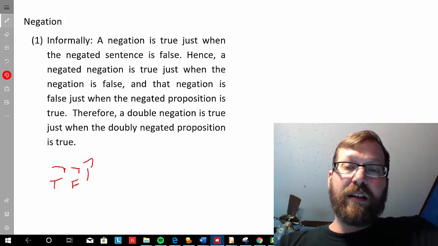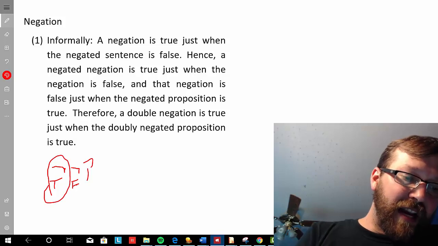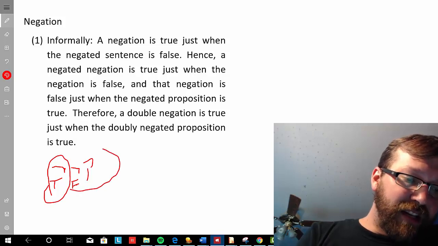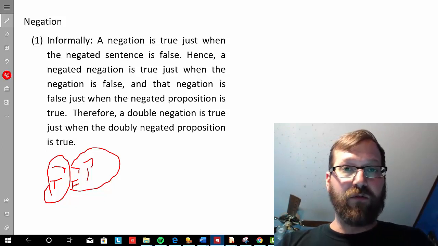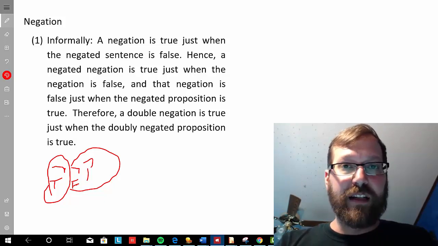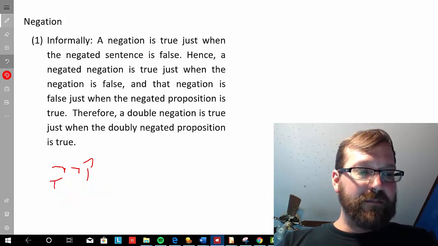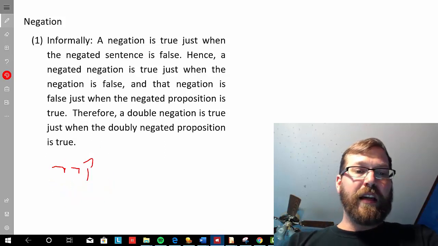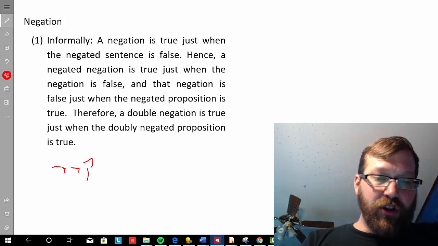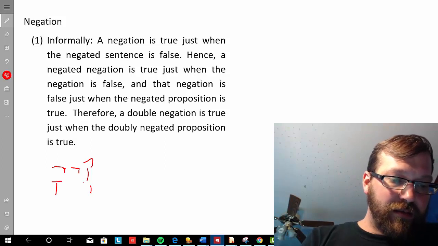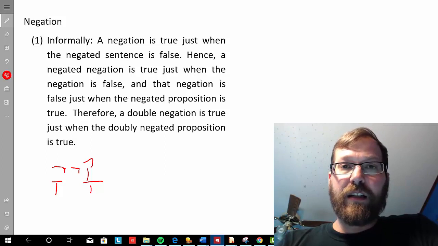And that's because the negation at this point is saying that this negation is false. When is it right? It's right when that negation is in fact false. So what that means then is a double negation is true just in case the proposition that is being doubly negated is true.